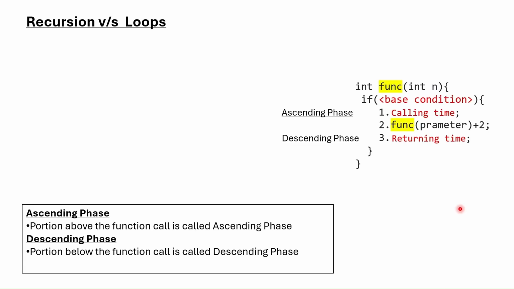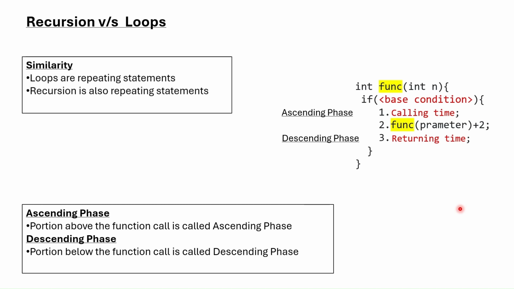So let us now compare recursion with loops. What are loops? Loops are repeating statements. And what is recursion? Recursion is also repeating statements. So what is the difference between recursion and loops? The main difference is that loops only have the ascending phase, but recursion has both the ascending phase and the descending phase.